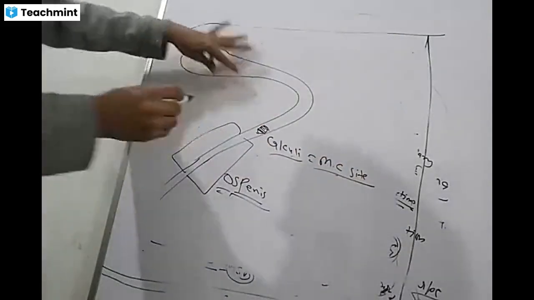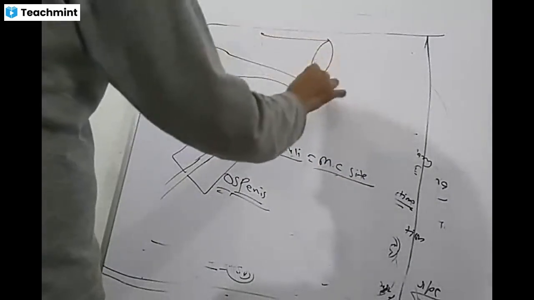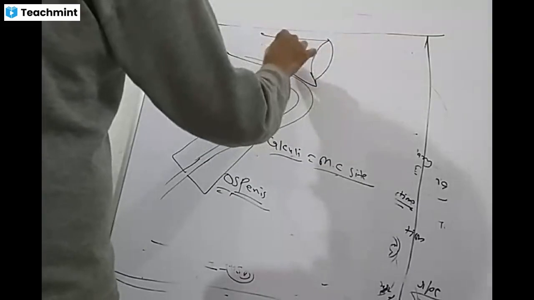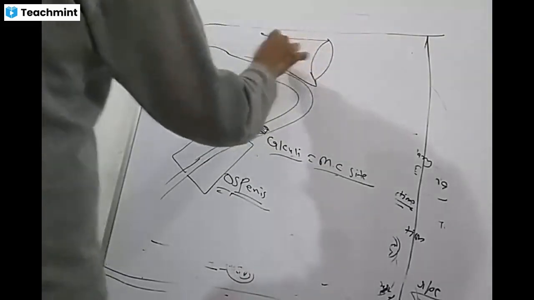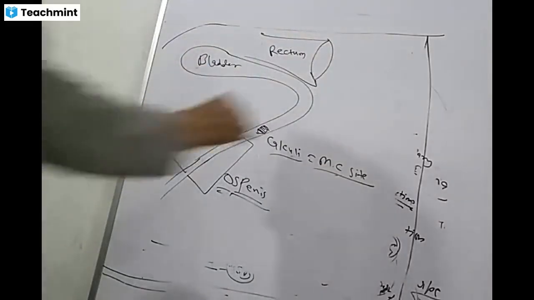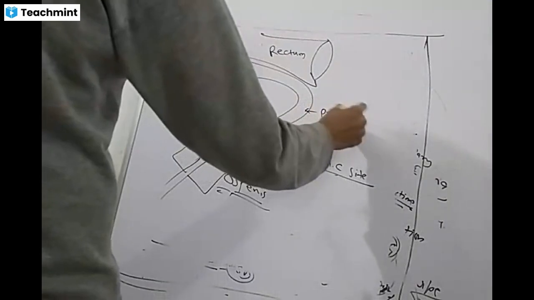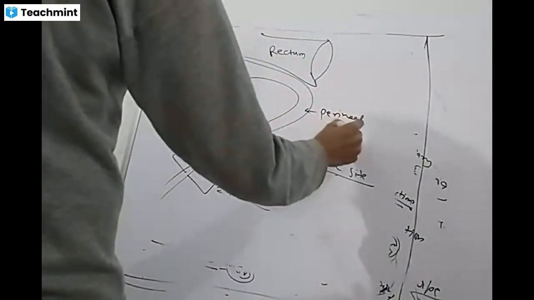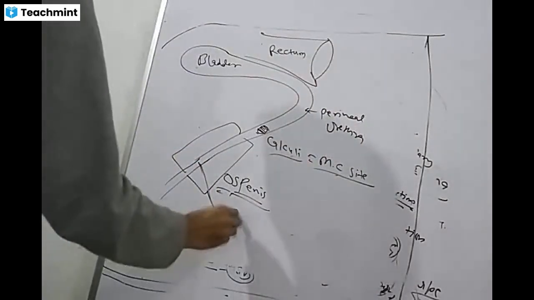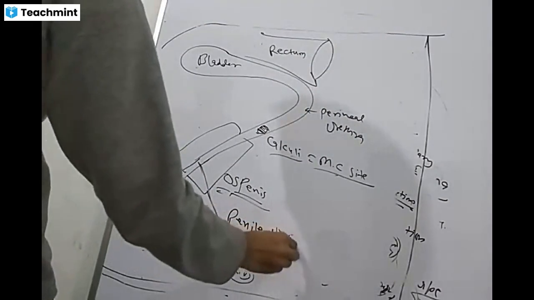So this is the bladder, and here you have rectum. This is bladder, and this is perineal urethra, and this is, because it is a part of os penis, so penile urethra.